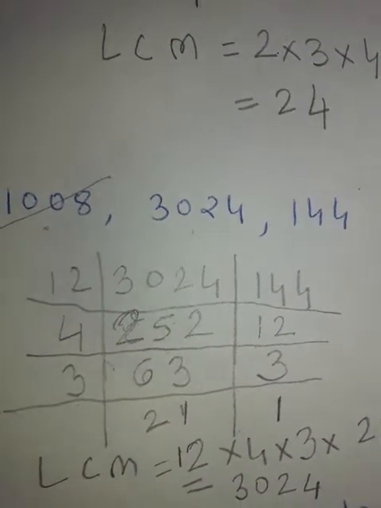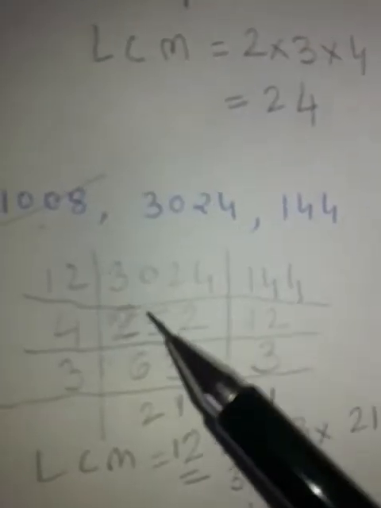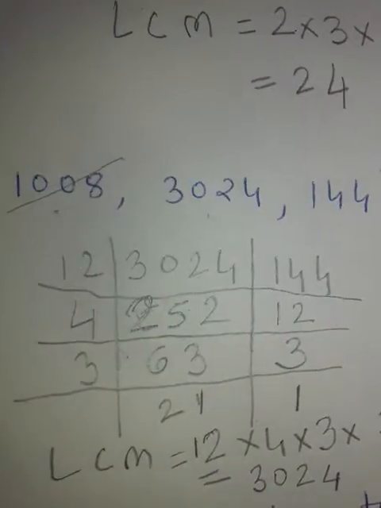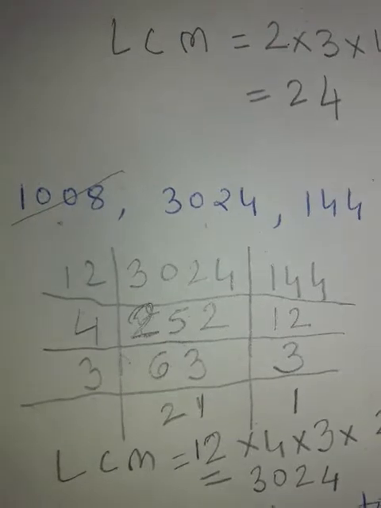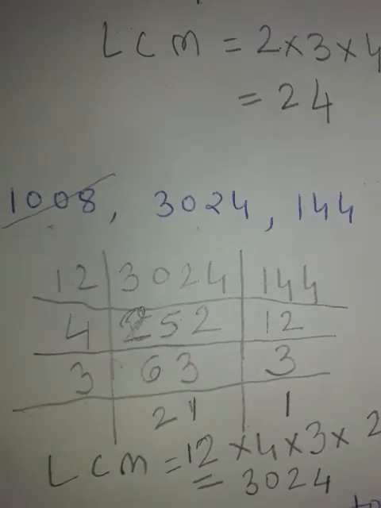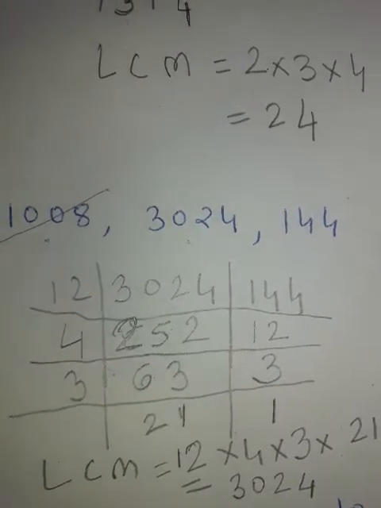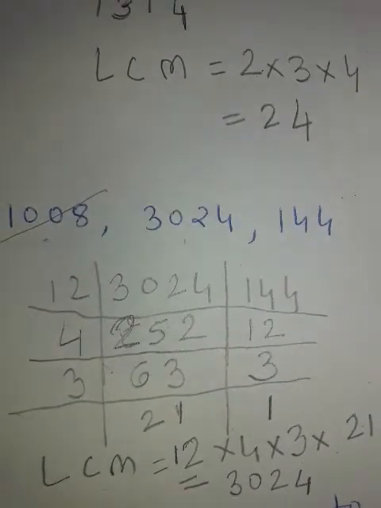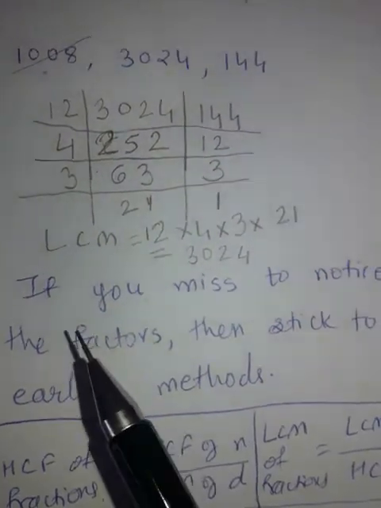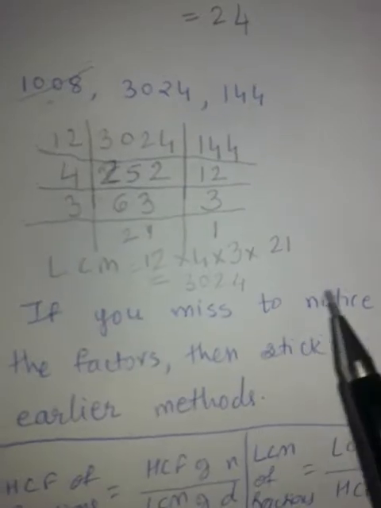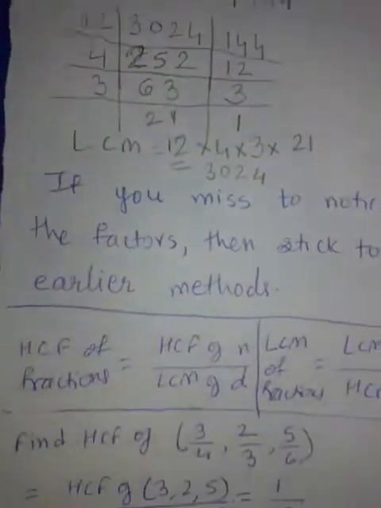But never mind, it wasn't possible for us to notice that this is also a factor, so we copied it and we found the LCM. So even if we fail to notice factors and multiples, we can still get HCF and LCM right, not a problem. But if by chance you are able to notice them, you will save a lot of your time. So I have written the same here: if you miss noticing the factors, then stick to the earlier methods, no problem.